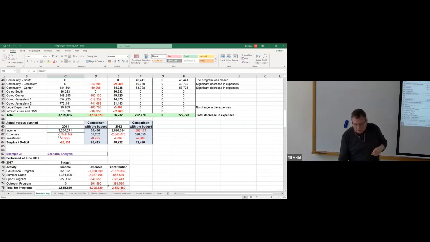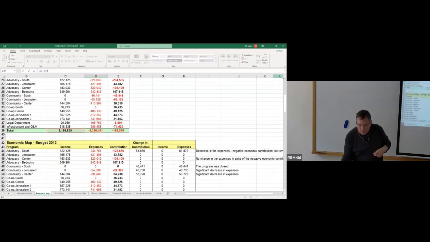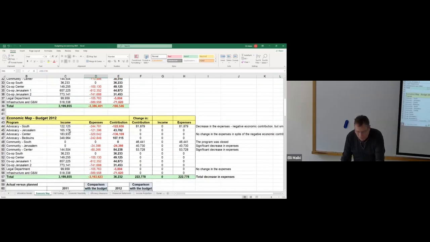So first of all, let's look about 2011. Income was 3.26 million. And again, the comparison is, here I compare the income to the budget. So actual income for 2011 is compared to planned income for 2011.